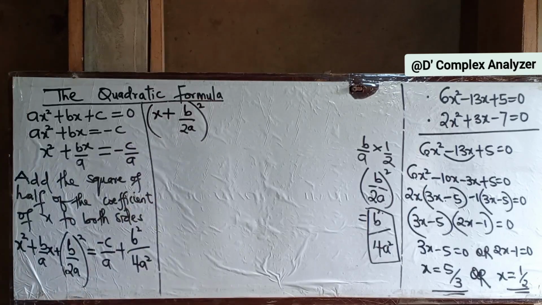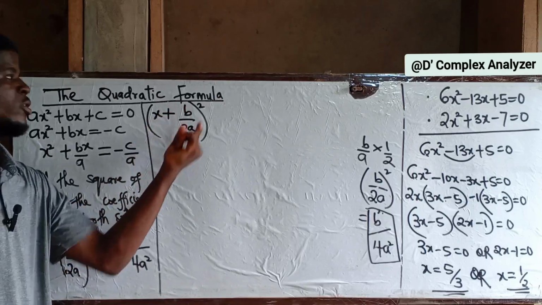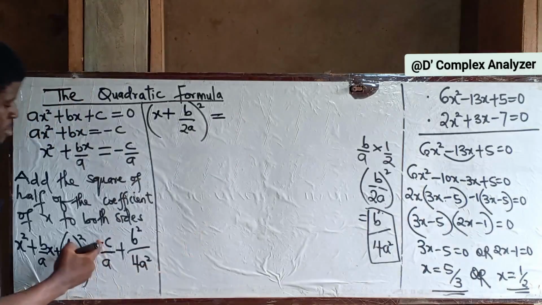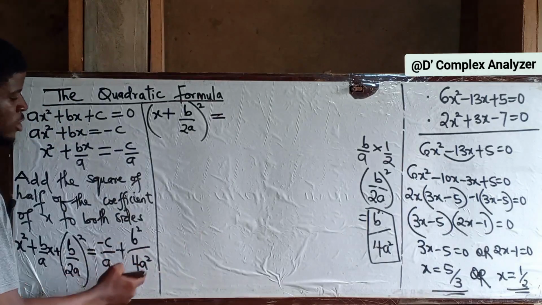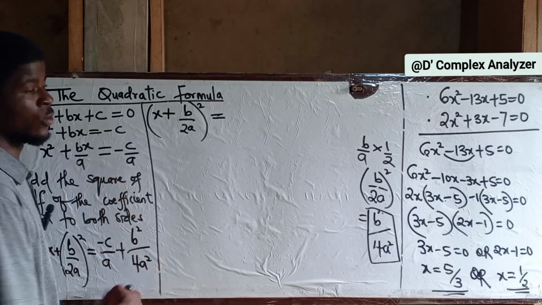Look, it's very easy. If I expand this x plus b over 2a raised to power 2, I'm going to get this result. You can make the attempt of expanding it and it's what I'm talking about. Is equal to minus c over a plus b squared over 4a squared. Let's simplify into one fraction. a and 4a squared, what's the LCM?